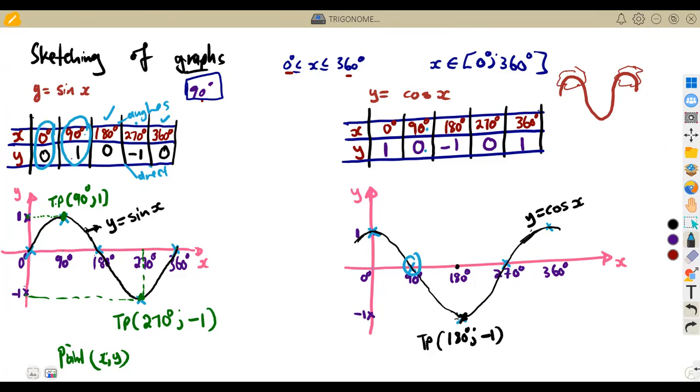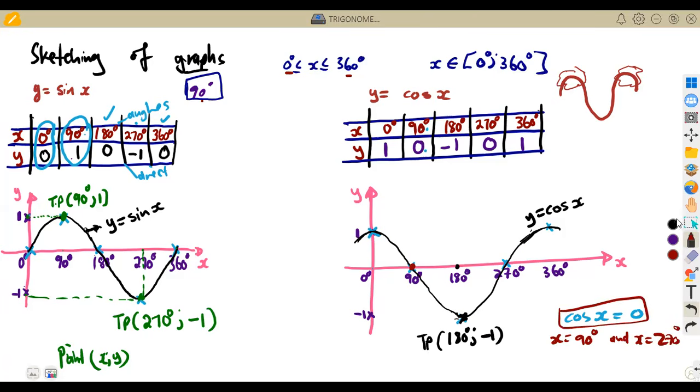Meaning to say if cos of x is equal to 0, these are the points where the graph meets with the x-axis. That is where cos x is equal to 0. That means it's at x is equal to 90 degrees and at x is equal to 270 degrees. This is where our graph of cosine will be equal to 0.